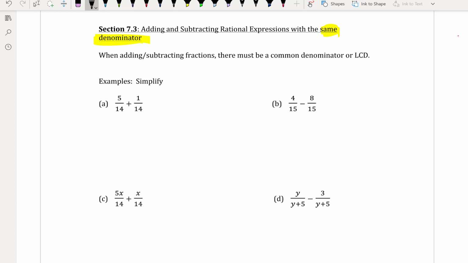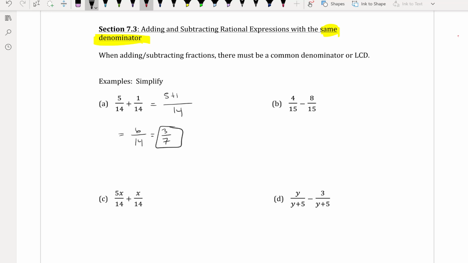the denominator alone. So I know I'm going to leave the denominator alone, which is 14, and up on top I'm going to add 5 plus 1. So if I add 5 plus 1, that gives me a 6. But remember, you have to reduce this fraction. So 6 and 14, they have a 2 in common, so that reduces to a 3 over 7 as your final answer.